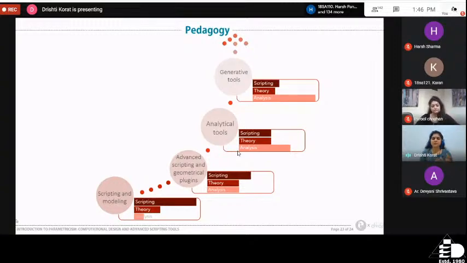So there'll be brief sessions on theory, and we'll touch upon the analysis aspect of your designs. That will be the first level of learning.